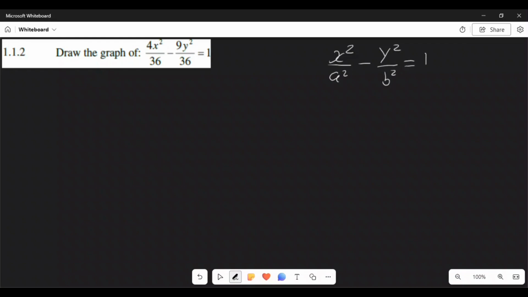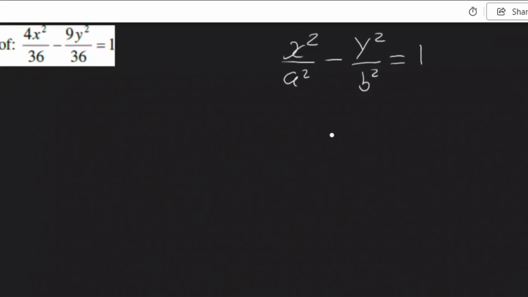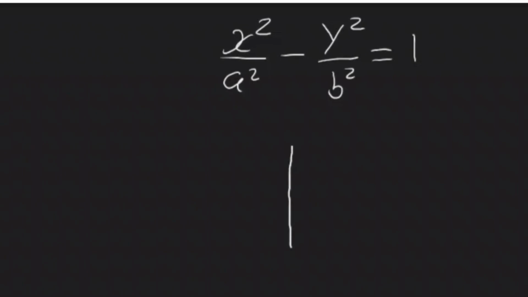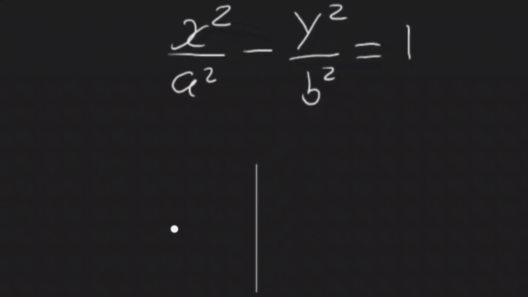All this is equaling to 1. So how do you know how it looks like? So this is how it's supposed to look. This one, let me just write very quickly because in general it's supposed to look like this. X and y, it's supposed to look like this.